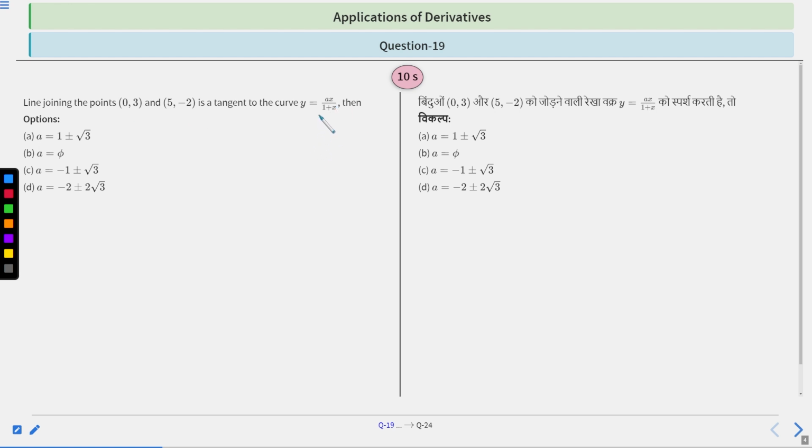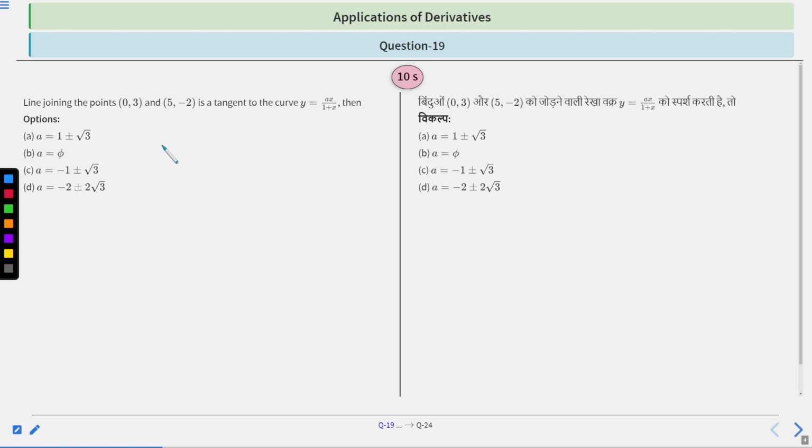So we know the slope also, and we can calculate dy by dx from this curve by using the quotient rule. And we can equate dy by dx with the slope of the line obtained by these two points. In this way, we can calculate the value of a.